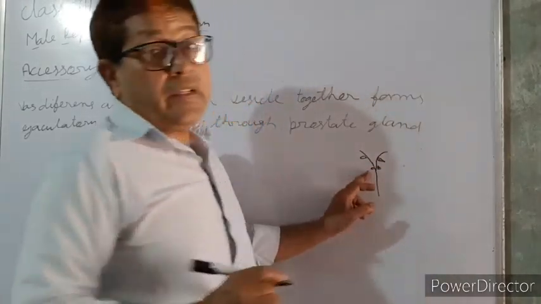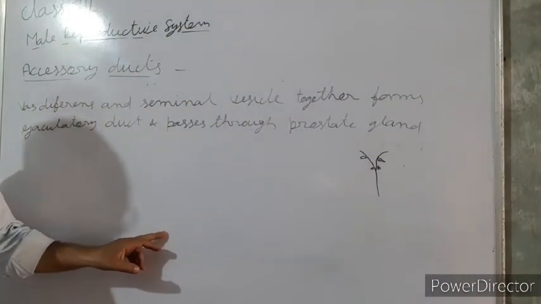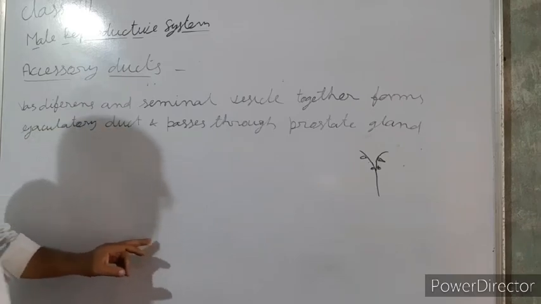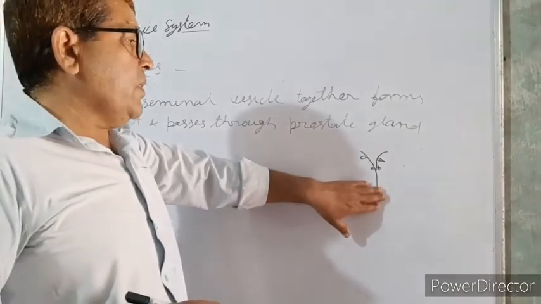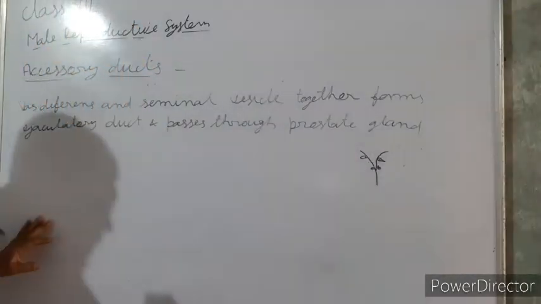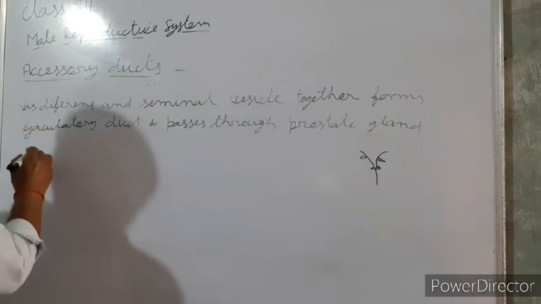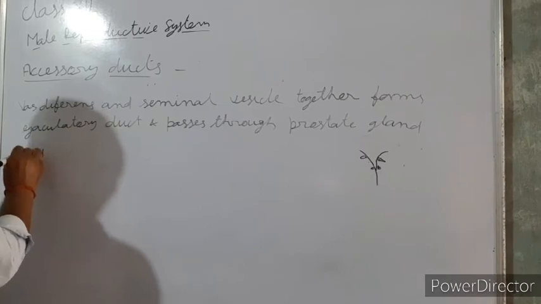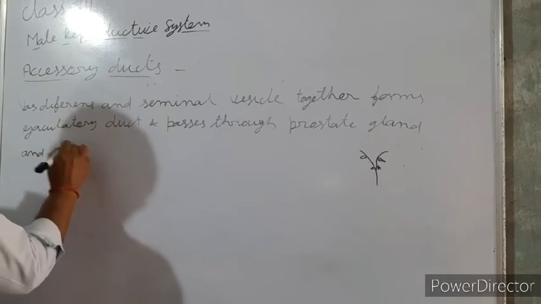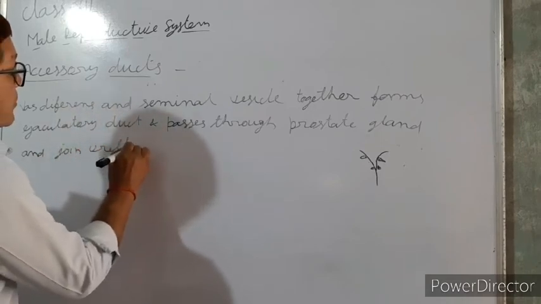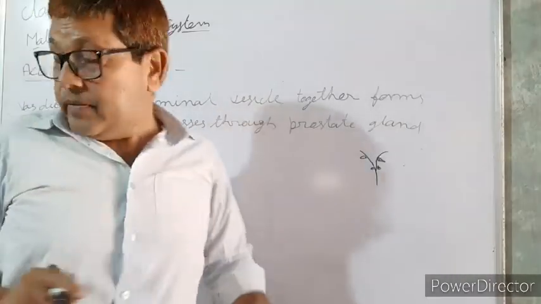The ejaculatory duct passes through the prostate gland and joins the urethra. This is the urethra. They come and join here.